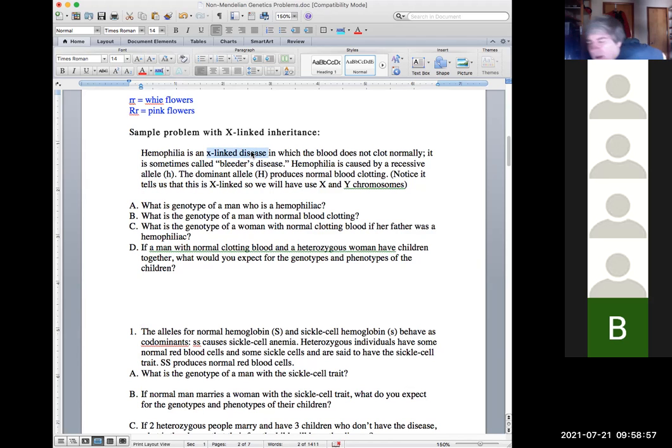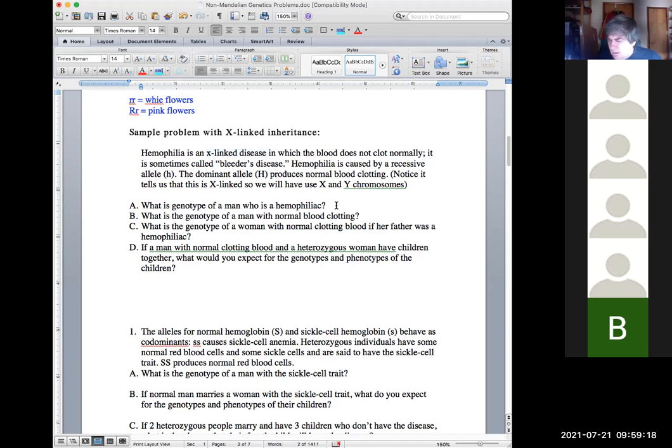Because for genetic characteristics that aren't X-linked, that are on one of the first 22 pairs of chromosomes, what a male inherits is exactly the same thing as what a female inherits. It's only when we start talking about the X or the Y chromosome and the genes on it that males are different from females.